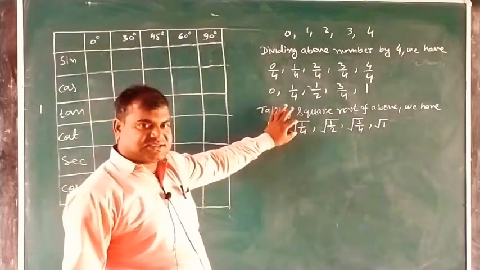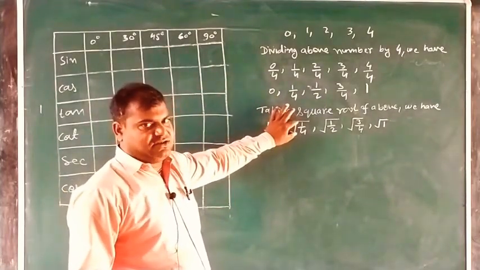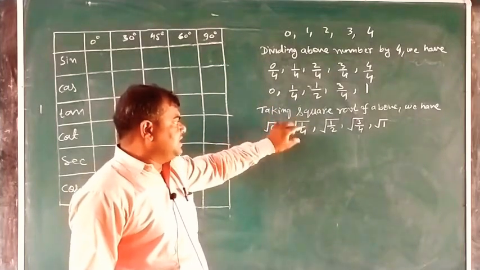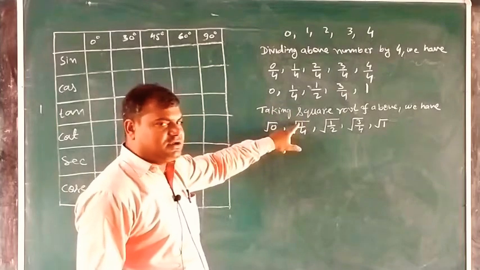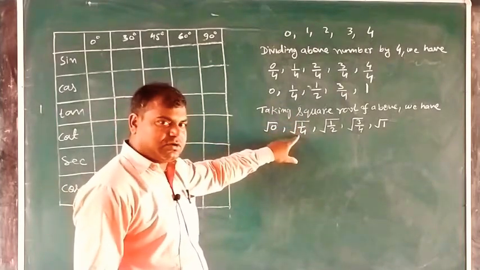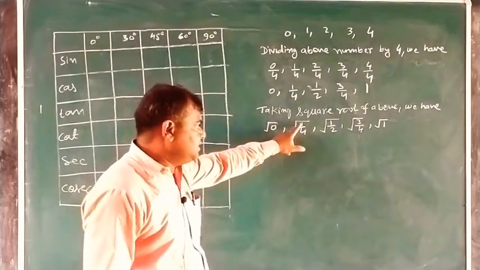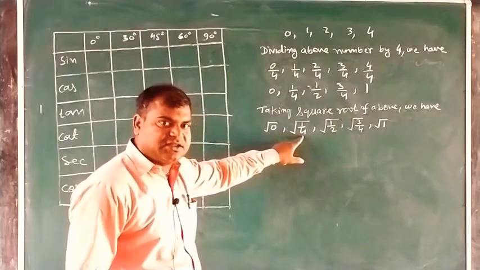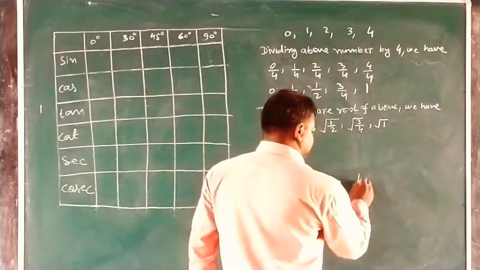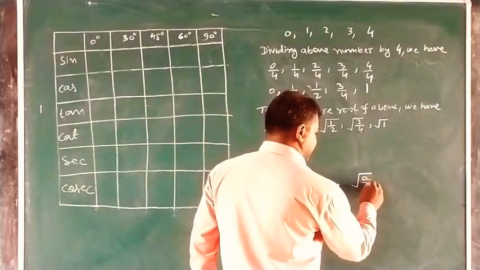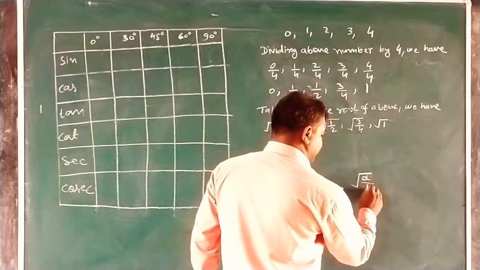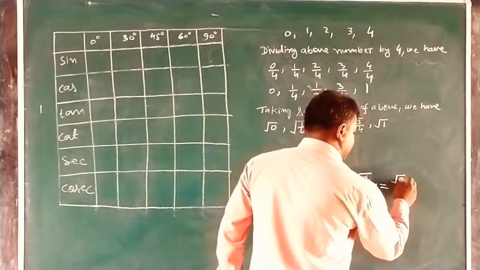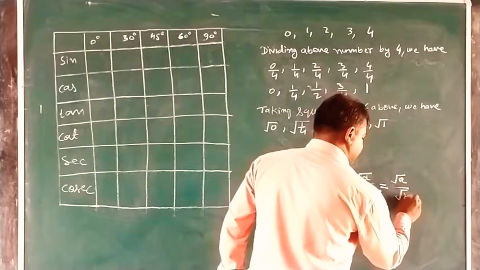Here there is a fraction under the root sign. It means its value is under root 1 by under root 4, that is, the square root of the numerator and the square root of the denominator. Like if it is written under root a by b, that will be equal to under root a by under root b.